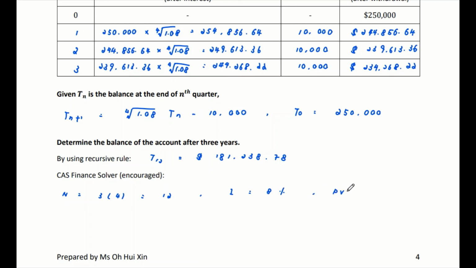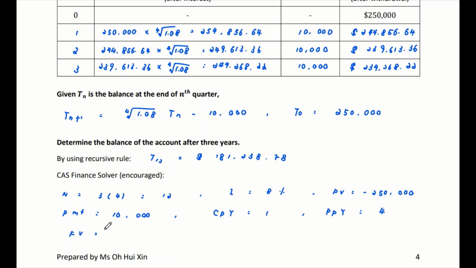PV, same thing, negative 250,000. Our payment here, every time you withdraw, is 10,000. CPY: the interest is compounded 1 time per year, and your payment is made 4 times per year. So CPY is 1, PPY is 4.